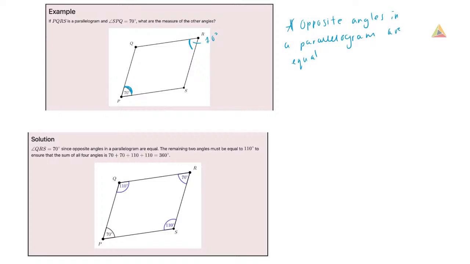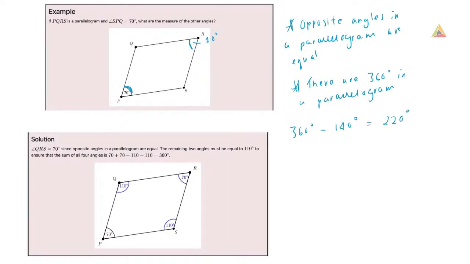Now, there are 360 degrees in a parallelogram. I'm going to write that down as well. So there are 360 degrees in a parallelogram. So we have dealt with 140 degrees because 70 and 70. So 360 degrees take away 140 degrees will give us 220 degrees.